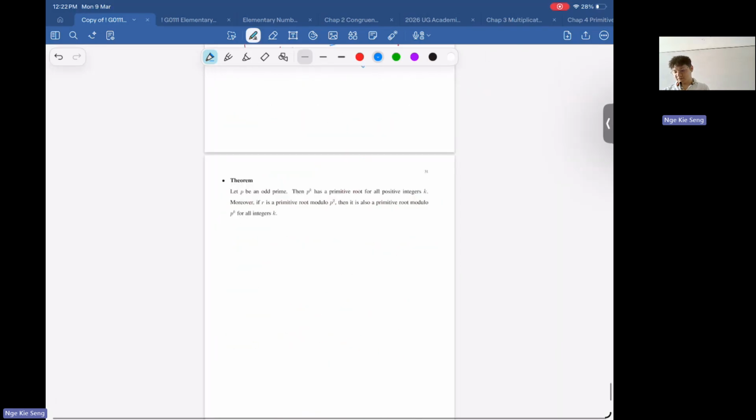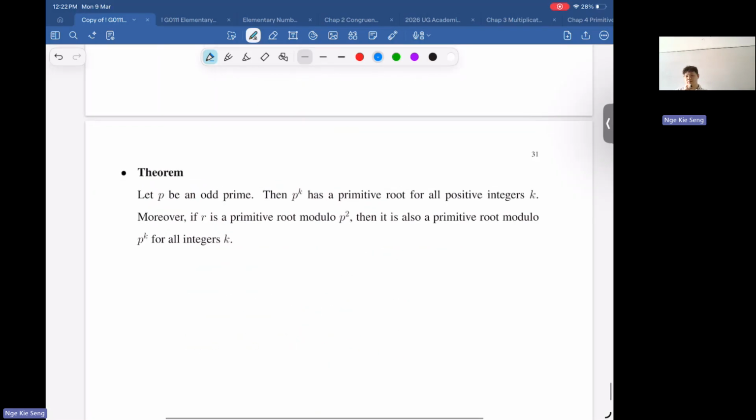Actually, we will do it now. If p is an odd prime, then p to the k will have a primitive root for all positive k. If r is a primitive root mod p squared, then it is also a primitive root mod p to the k for all integer k. This is very strong.